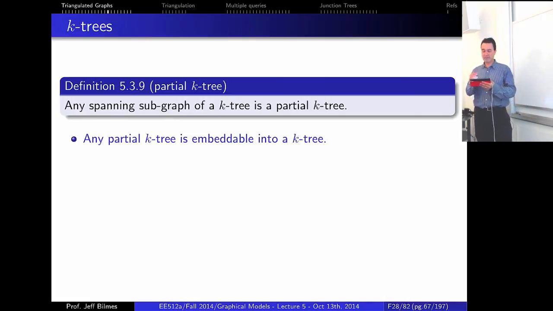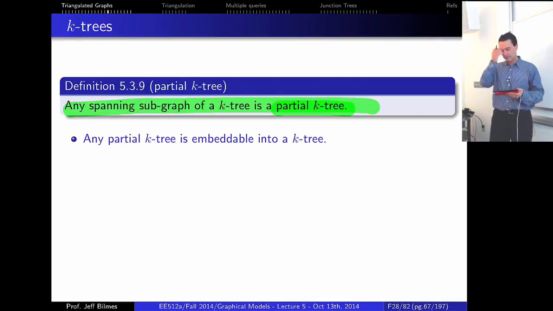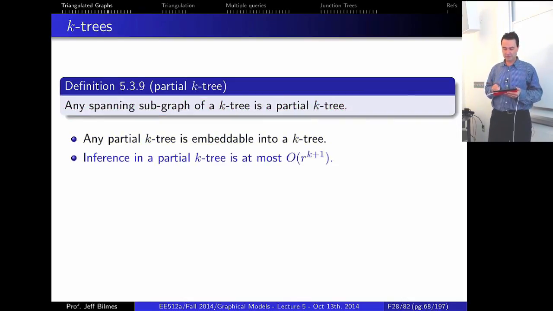So there's also this notion of a partial K tree. Any spanning subgraph of a K tree is a partial K tree. What this means is that any partial K tree is embeddable into a K tree. The notion of embedding makes sense here as well, because if you're a partial K tree, that means you're a subgraph of a K tree, which necessarily means you can be embedded into a K tree.